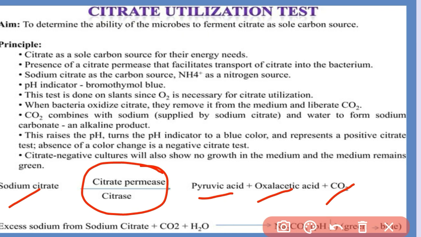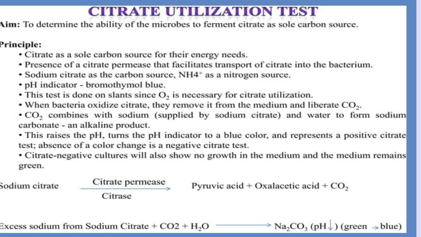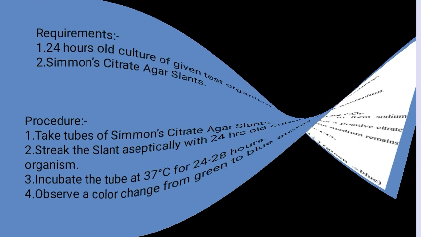The CO2 then combines with sodium and sodium carbonate is formed, due to which the pH of the medium increases, and it can be detected by the pH indicator present in the medium, bromothymol blue. Formation of a blue color shows sodium carbonate is there. In other words, it shows the organism has the ability to produce citrate permease, or the organism is citrate positive.